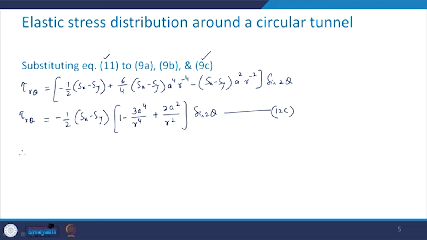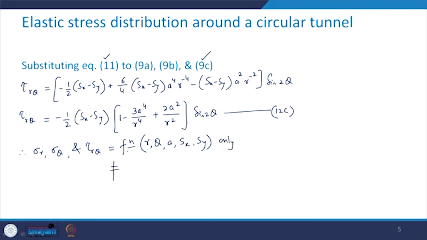Now, notice here that sigma r, sigma theta and tau r theta are functions of r, theta, a, Sx and Sy only.